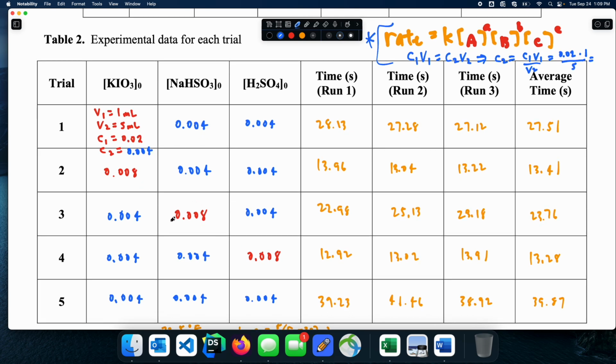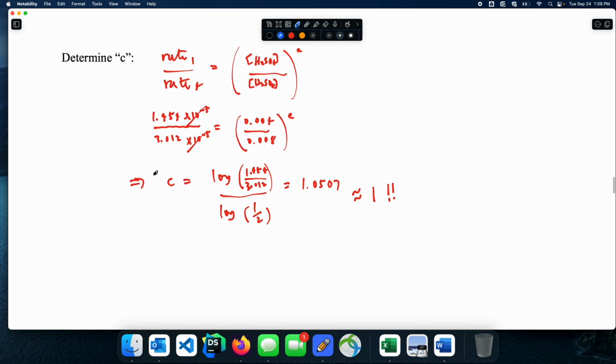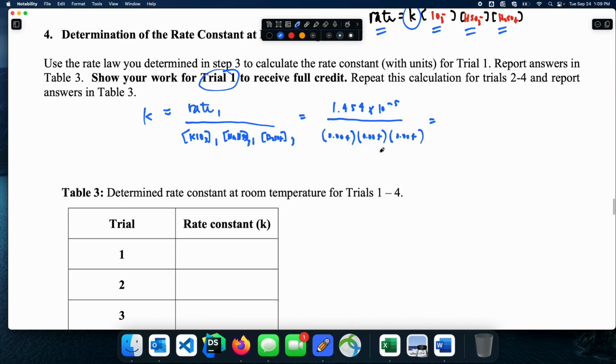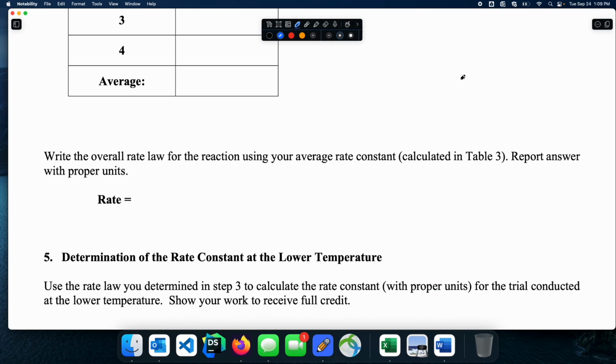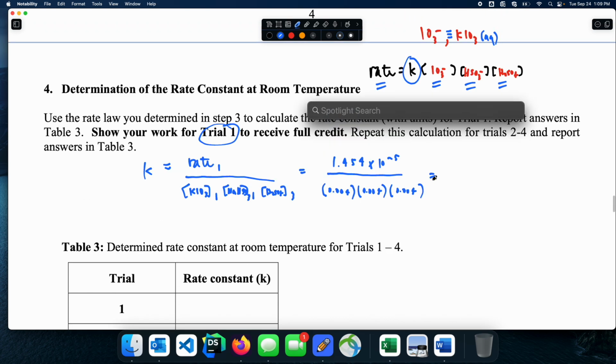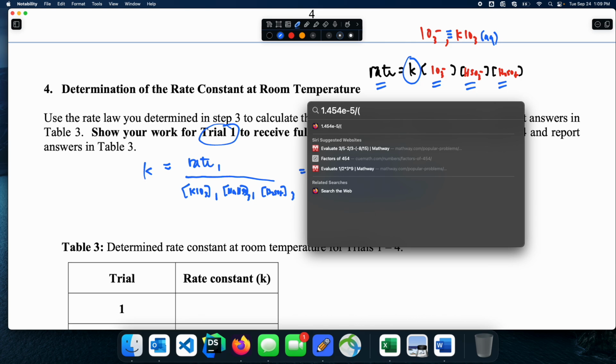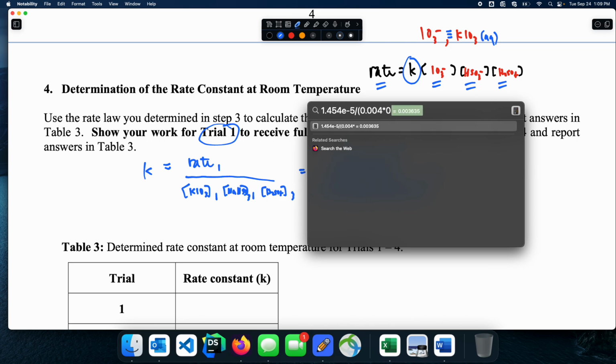Now we're going to be doing the rates later and the other things, so this is going to be a little bit complicated. Let's go back up here. We're doing k for trial 1. What I want is 1.454 E minus 5 divided by the concentrations. I know it's just that cubed, but I want to put them all out, all right?